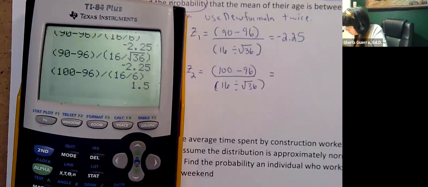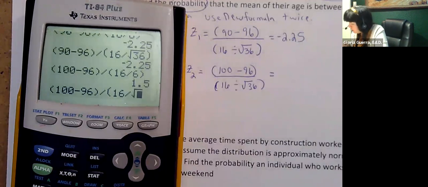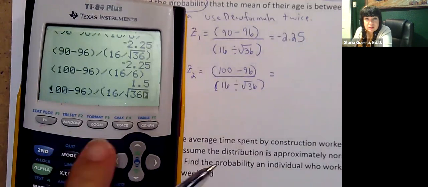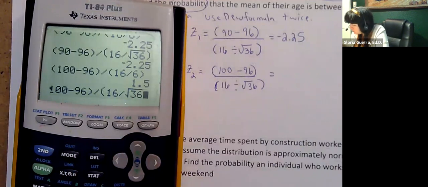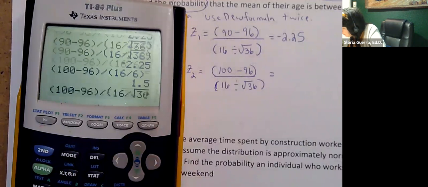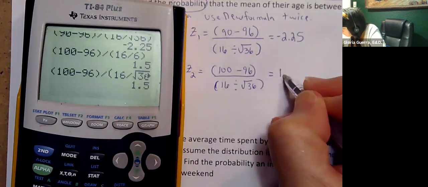Or you can do 100 minus 96 close parenthesis, divided by open parenthesis 16 divided by second, then x squared, and then 36. But then you have to remember to push this arrow right here and then close the parenthesis, equals. And you see we still get 1.5.